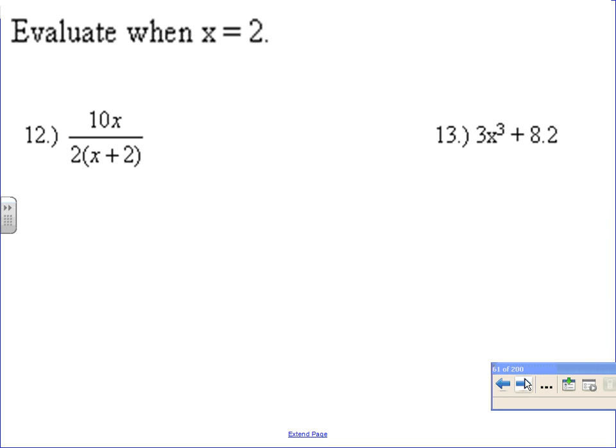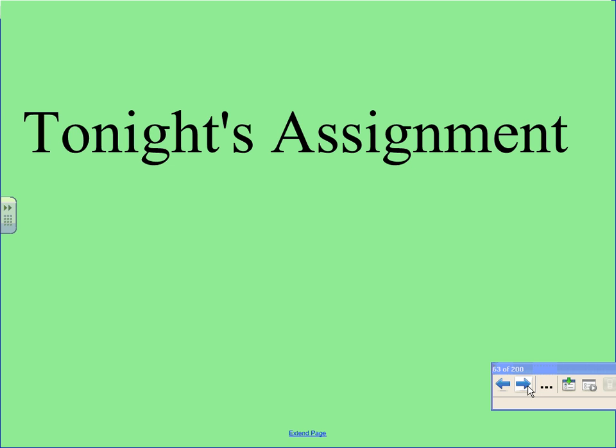Okay, homework packet. I want you guys to take a look at 1.3. We're going to do more order of operations tomorrow. Okay, I would like you to do on practice 1.3 the odds.